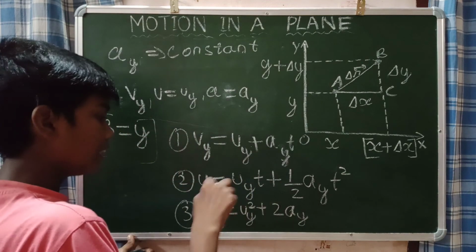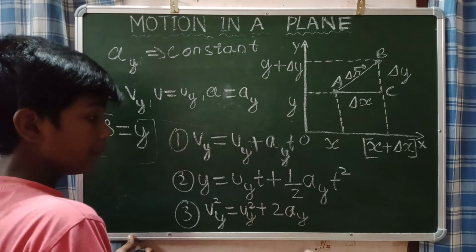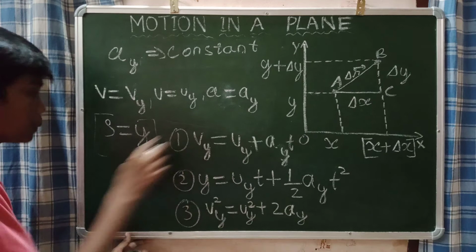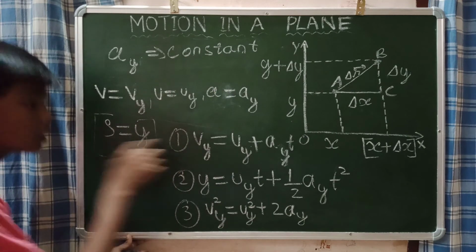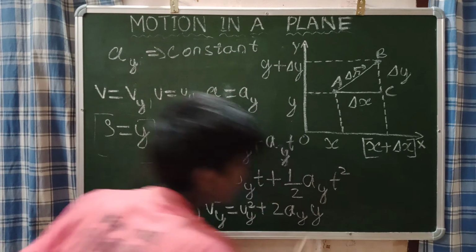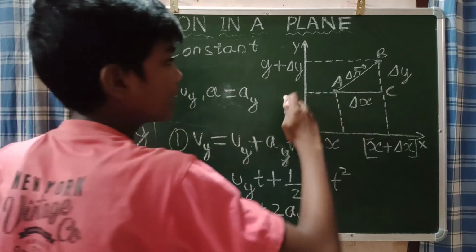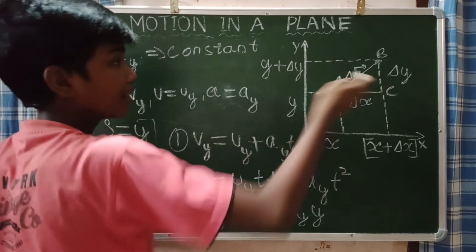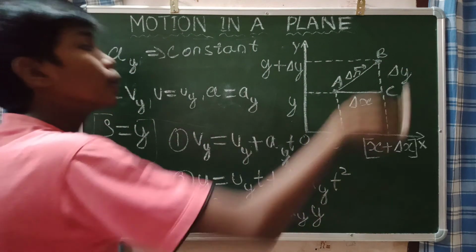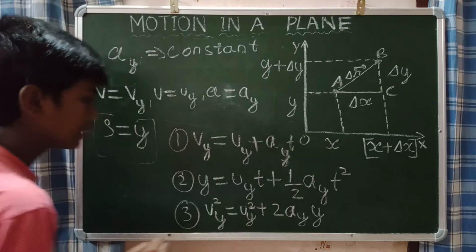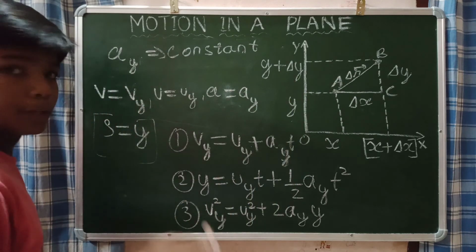What is the displacement here? Based on the y component, the displacement will be equal to y. Why will it be y? Because this y and delta y are vertical components, so it belongs to the y-axis. So the displacement will be equal to y.